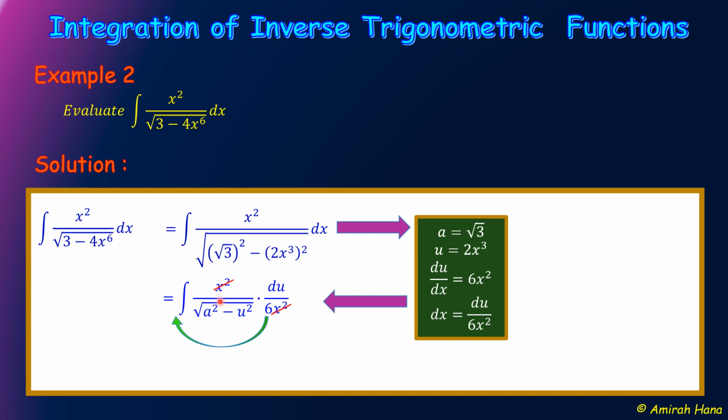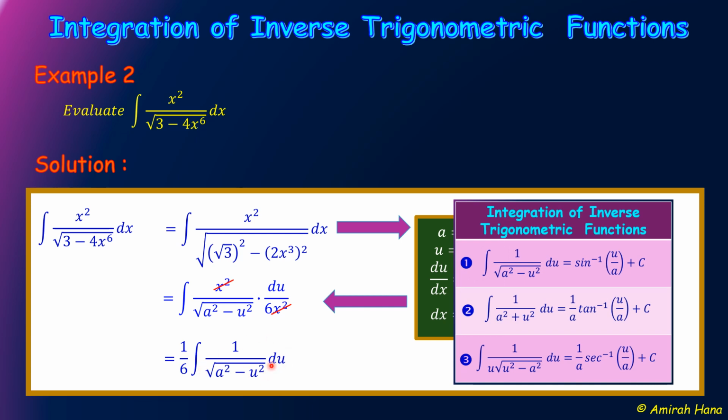So after we simplify x squared and move the denominator 6 out, we get 1 over 6 integration of 1 over square root of a squared minus u squared du.